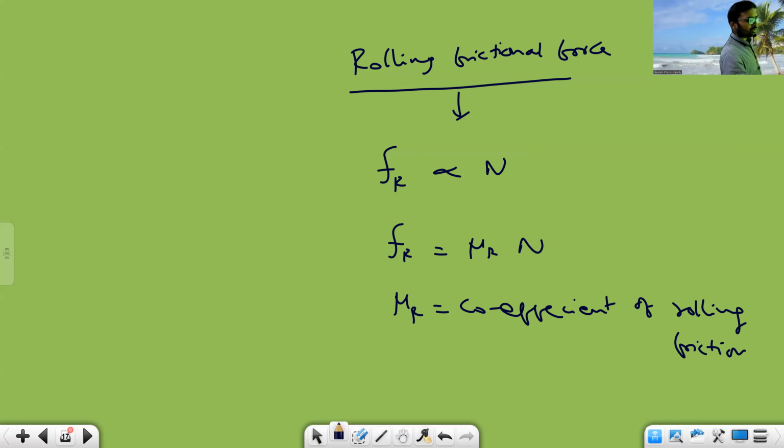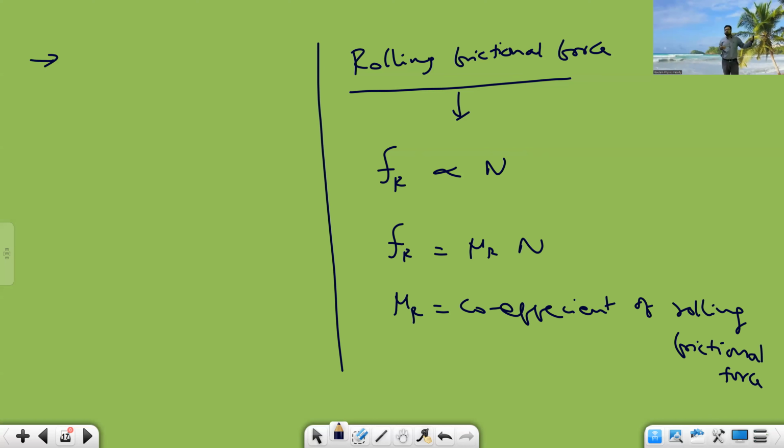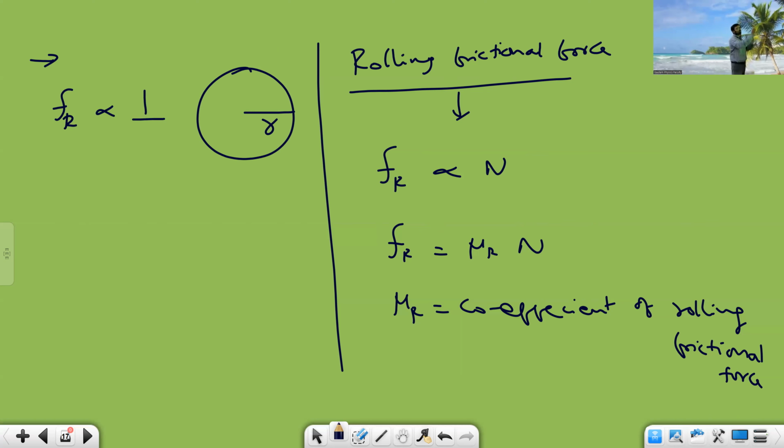Here, one point you have to remember is that rolling friction depends on area of contact. Rolling frictional force is produced because of deformation of the body when the body rolls on the surface. Rolling frictional force is inversely proportional to radius.